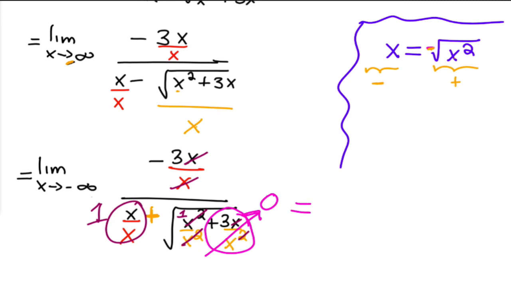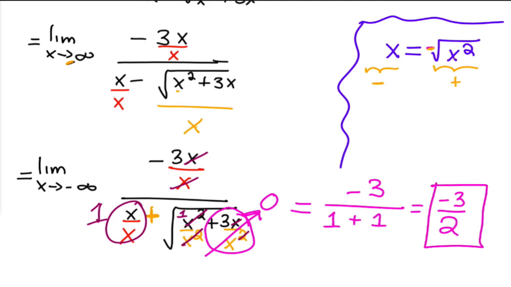On the bottom, as x goes to negative infinity, the top is going to negative 3. On the bottom, you have the number 1 plus, be really careful here, this part right here is going to 0, but you still have a square root of 1 left over. So this is actually negative 3 over 2. Tricky, tricky, tricky.